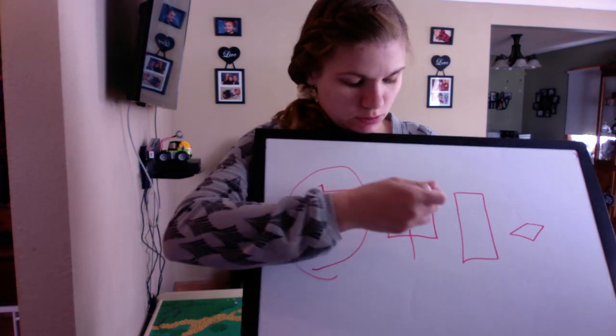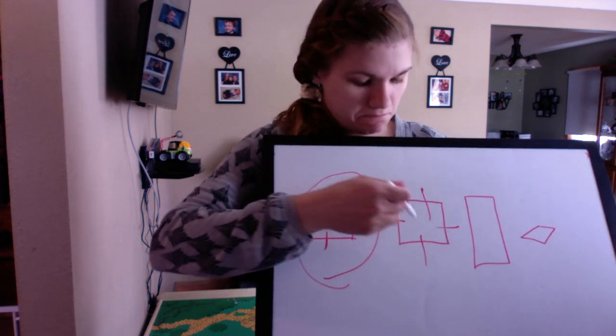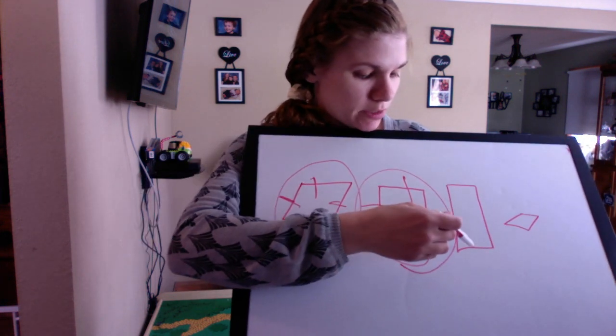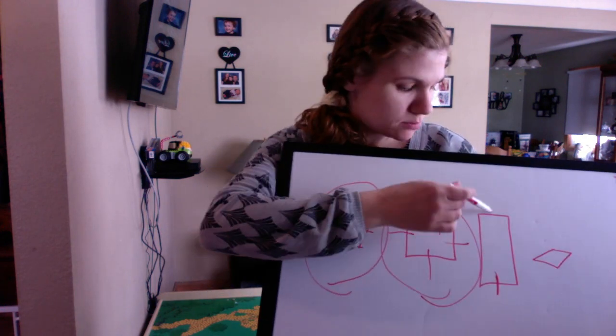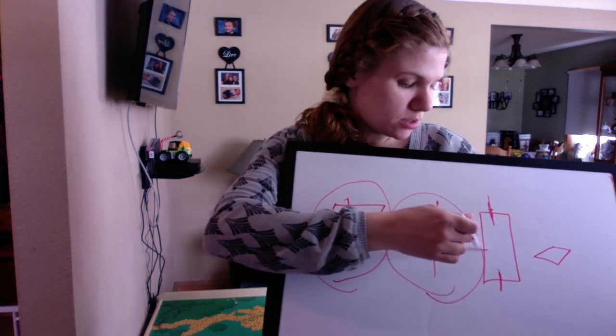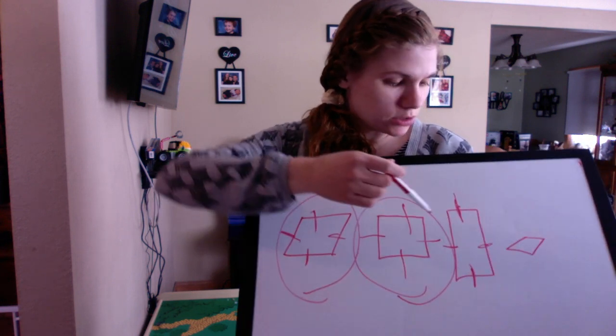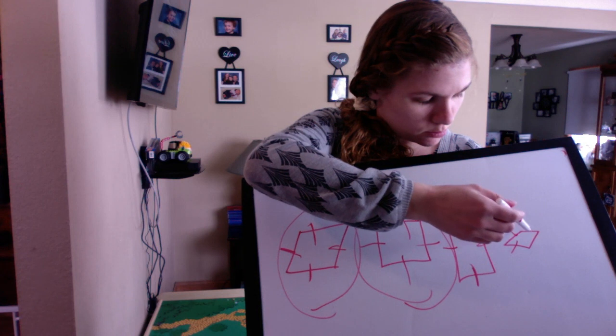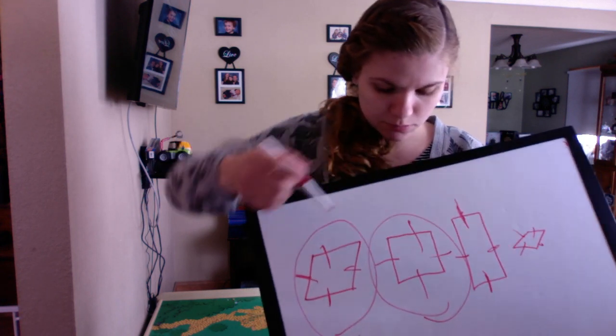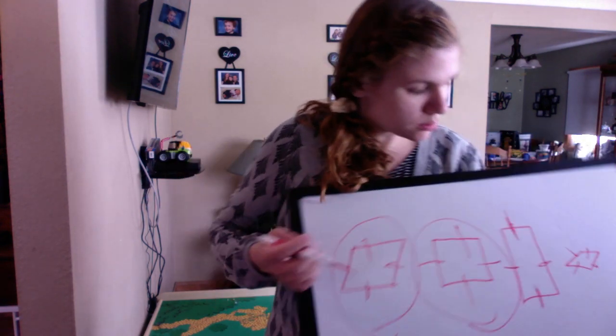What about this one? Does the square have the same sides? Yep. What about a rectangle? Does this have 2 pairs of equal sides? Yep, these match, and then these match. And then let's see, what about this one? Those ones match.